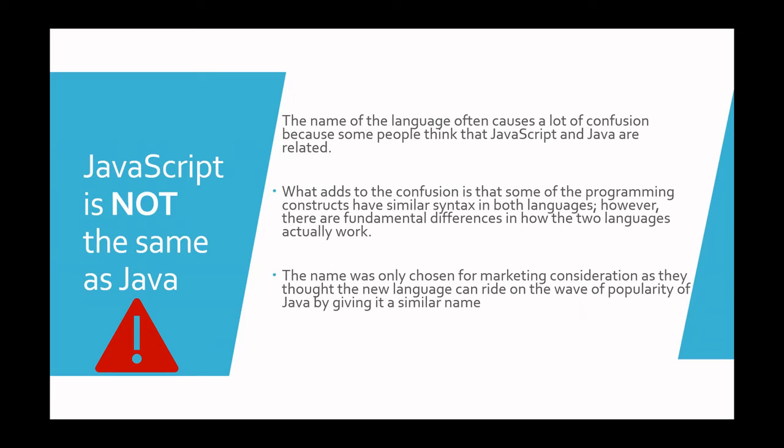Now, a similar problem happens with people who have a background in Python, because a lot of constructs in Python look very similar to the constructs in JavaScript. It gives you the impression that it's going to behave the same, and adding to that, Python is also a scripting language.